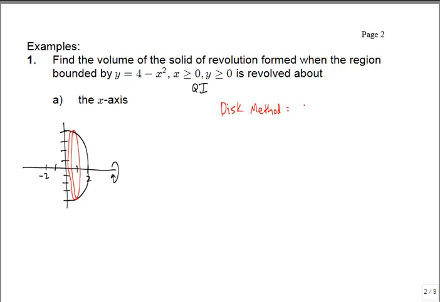The disk method formula is volume equals the integral of pi r squared, and since this is vertical, intersecting that x-axis, this thickness is along the x-axis, so this is going to be a dx integral. That means we want to determine our bounds in terms of x and this radius in terms of x. So let's talk about the radius first.